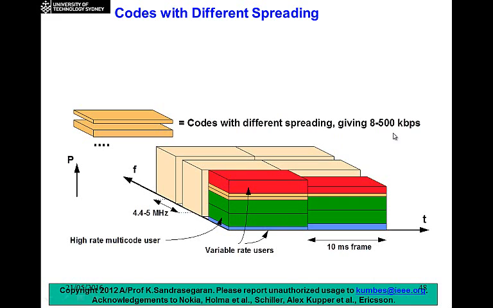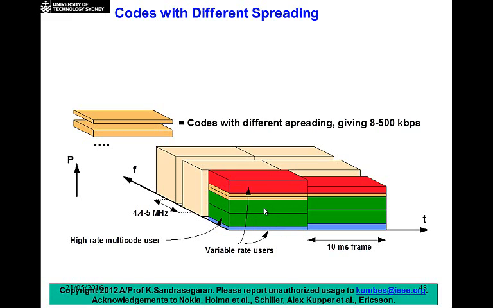And the orange user has different chunks. So each one of these slices of this cake corresponds to a session of a user, and one user could be having multiple sessions.